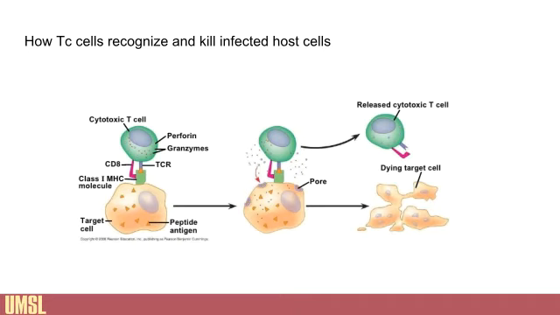Okay, and so the thing that I want to end today on is how cytotoxic T cells recognize and kill infected host cells. Let's say an epithelial cell has been infected by an intracellular pathogen like Salmonella. This epithelial cell has fended off Salmonella as best it could and was able to present some of Salmonella's surface proteins on a class 1 MHC receptor.